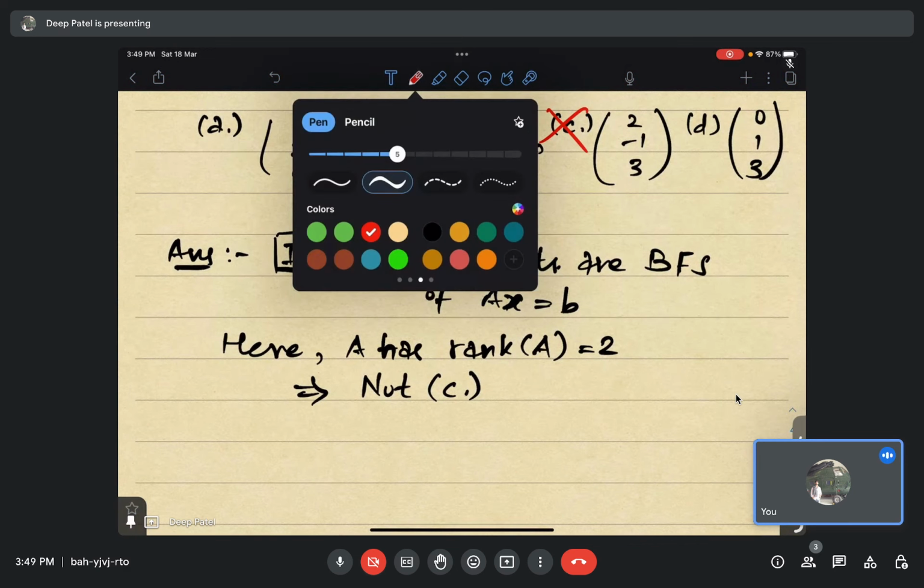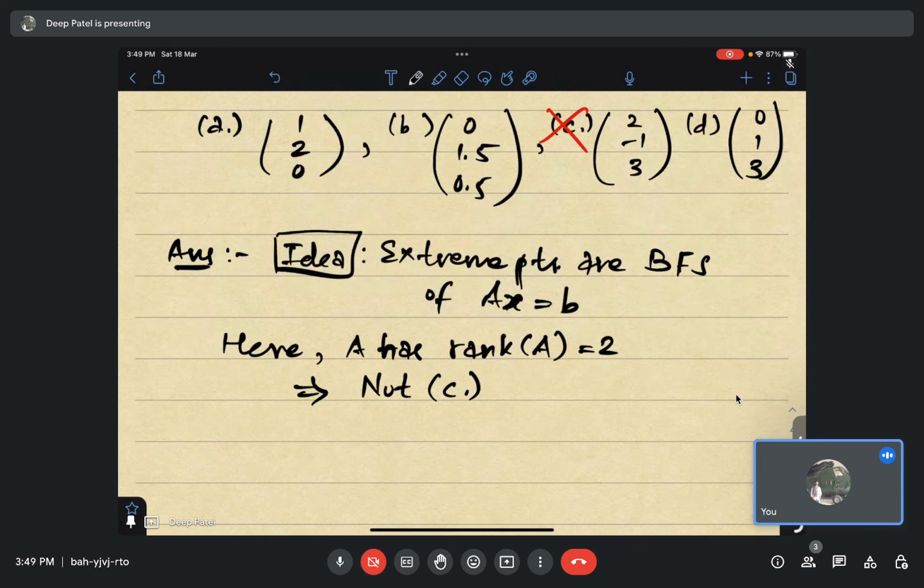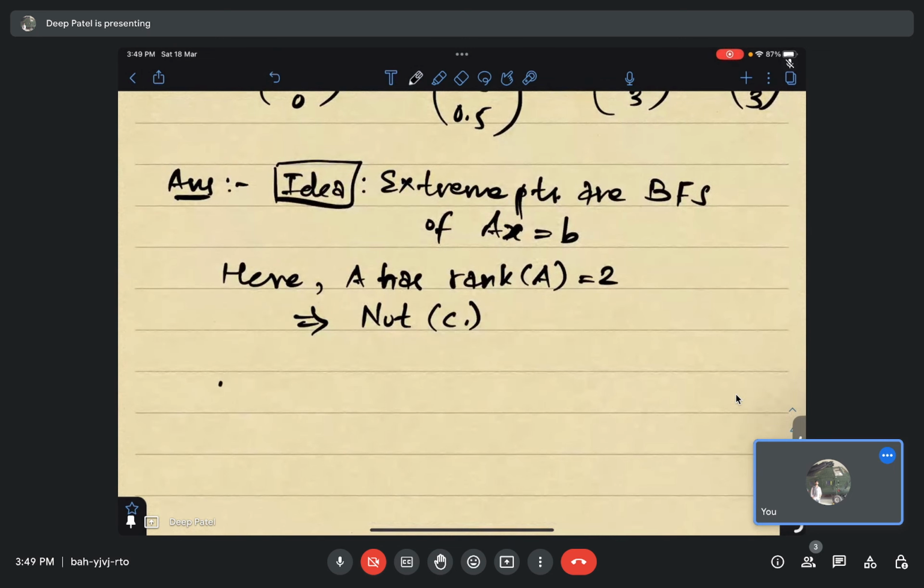So what else can we do now? There are three options now. How do we eliminate? That's where I was stuck. See, we have to always check feasibility.